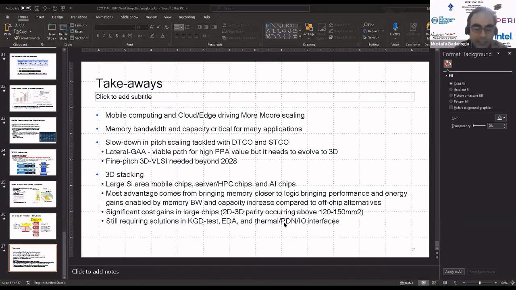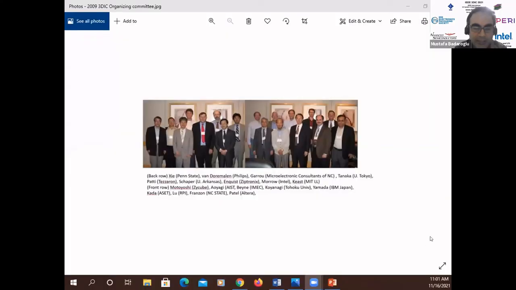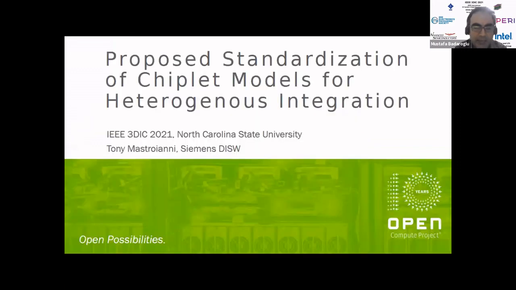But on the 2D side, probably the solution is really seen by 3D, like a layer transfer technology. So once that is decoupled from the silicon technology, and then once a layer transfer technology takes a 2D material substrate and then transfers it to a carrier wafer or silicon wafer, I think this is the viable route to go.